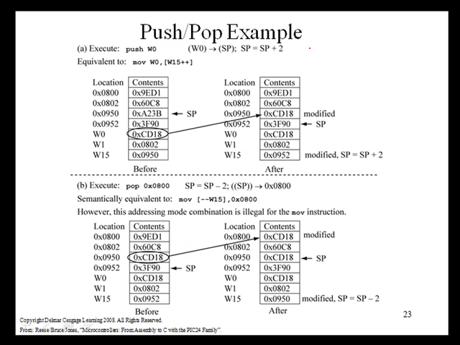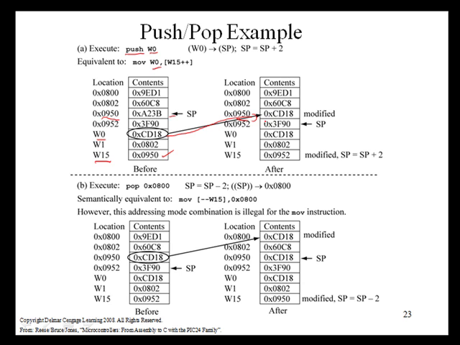Let's take a look at some push and pop examples. This instruction says push W0 onto the stack. The initial register contents are here. Recall that our stack pointer is W15. It has a value of 950 in this case, so the stack is pointing to this location. When we push, we're going to write the contents of the source operand, which is W0, to the current location of the stack pointer, which is 950.